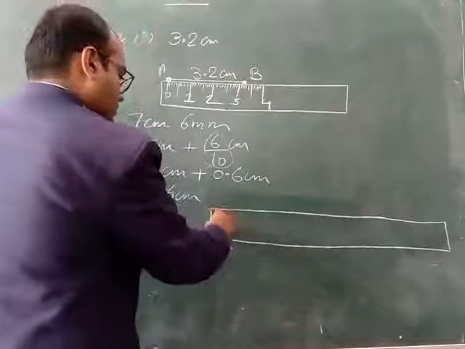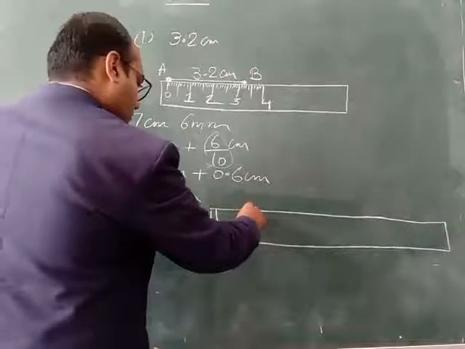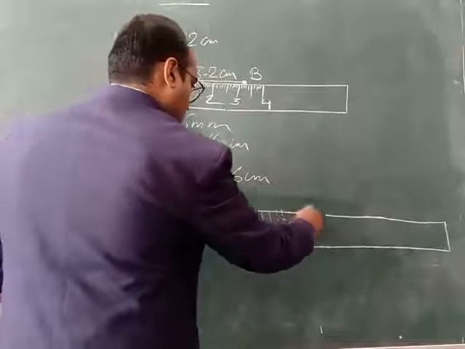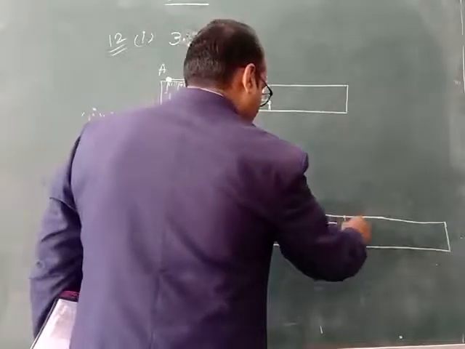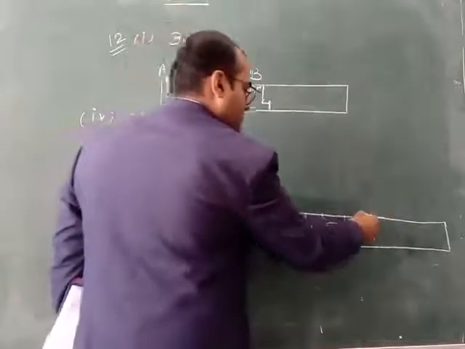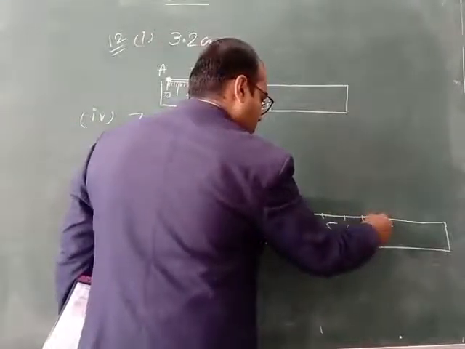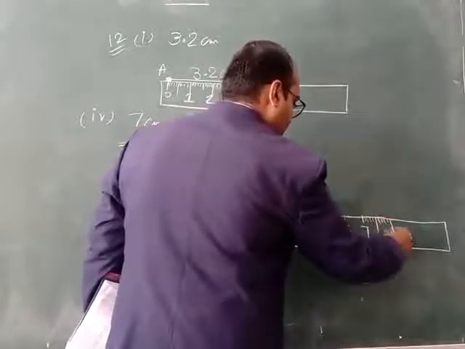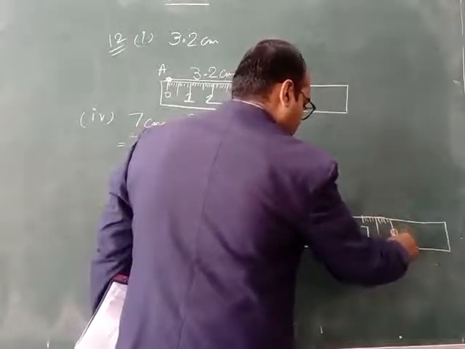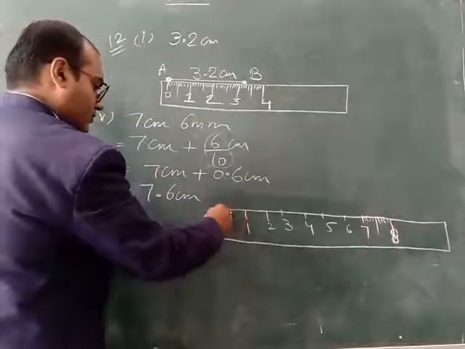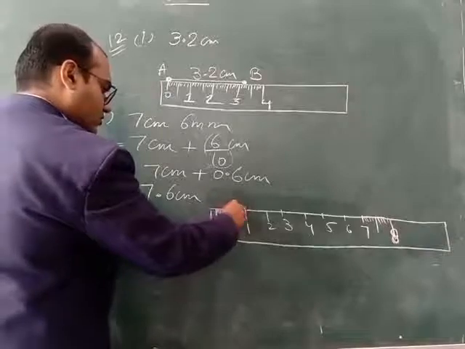Here it will be 0, 1, 2, 3, 4, 5, 6, 7. After 7, 1, 2, 3, 4, one dark, 1, 2, 3, 4, 8. Here it will be 8.